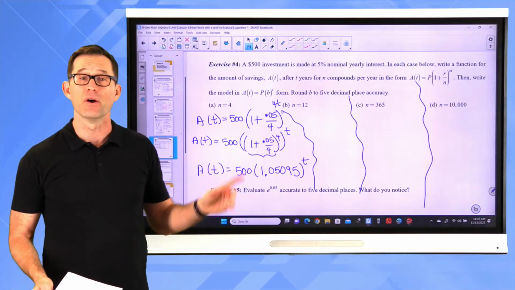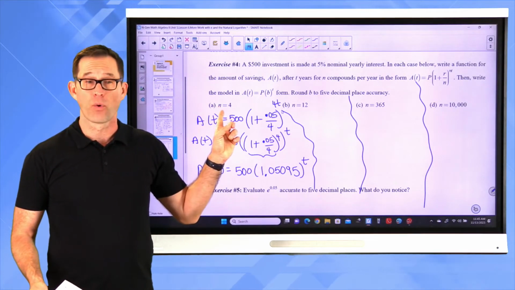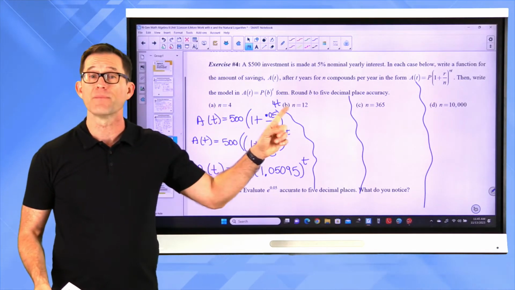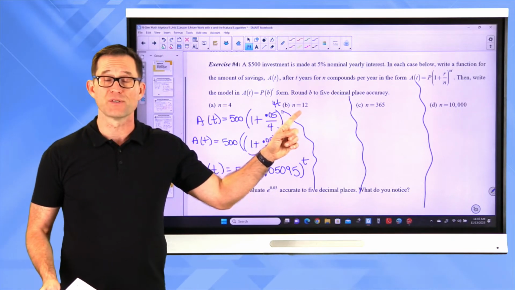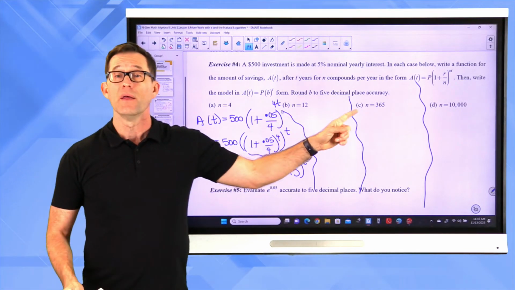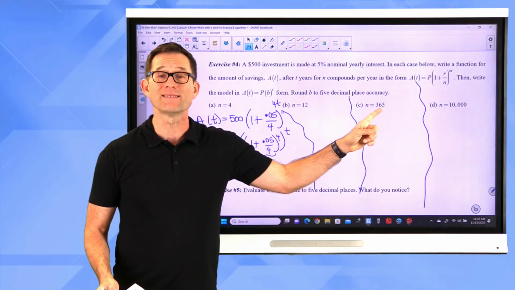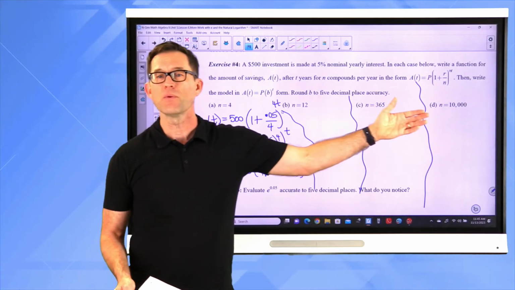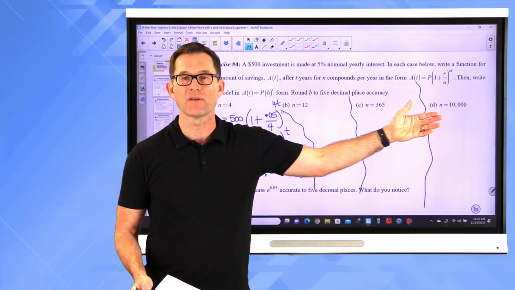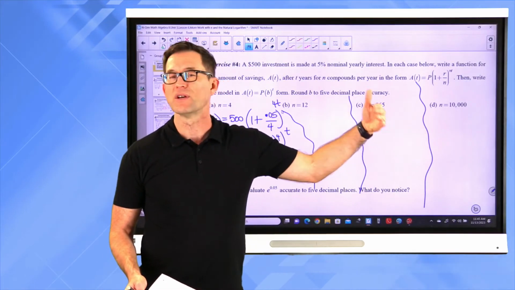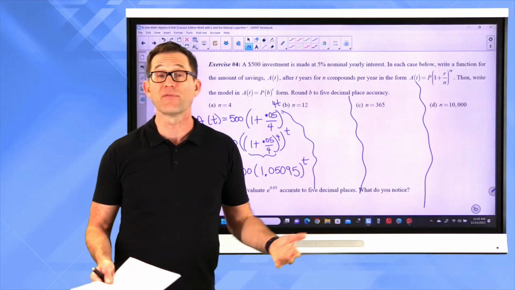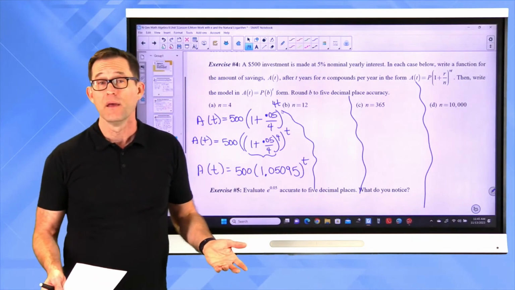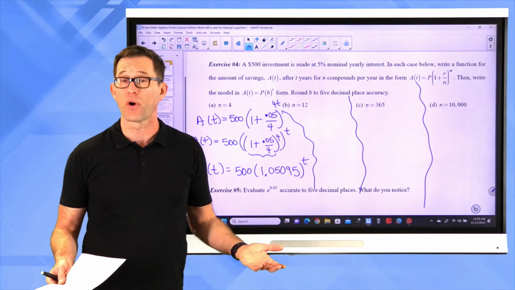Now, as a side note, this would be compounding 4 times a year, quarterly compounding. This would be compounding 12 times a year, so monthly compounding. This would be compounding 365 times a year, so daily compounding. And this one would be compounding 10,000 times a year, which doesn't even have a word for it. It's definitely more than once per day, probably even more than once per hour.